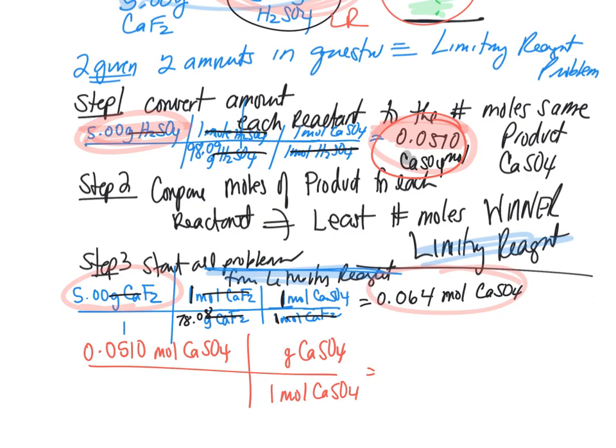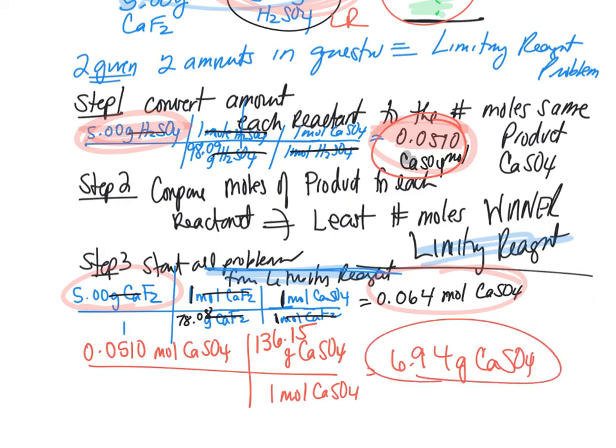So that is 136.15 grams. So now I do 0.0510 times 136.15, and I get 6.94 grams of calcium sulfate. I only need 3 significant figures because I started off with 5.00 grams in the given. Now I look to C. Do you see that? That is answer C.